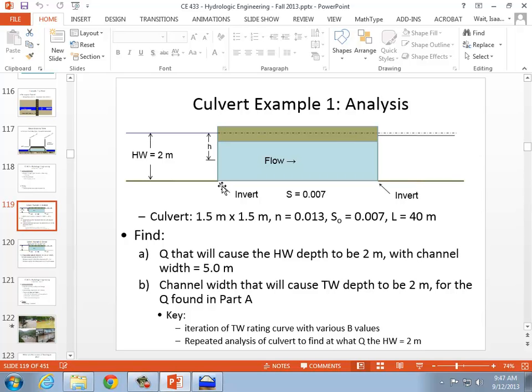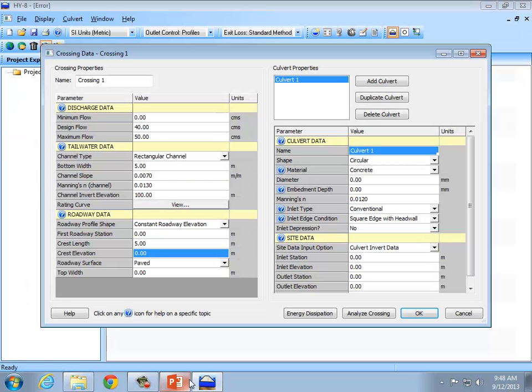But for the simulation we're going to do, all we have to do is make it at least 2 meters higher than the 100.28 elevation of the invert there. So let's just make this elevation be 105, just so that it's high enough that overtopping doesn't occur prematurely. Crest elevation 105. It's paved on top of the road, and the road is 40 meters wide.